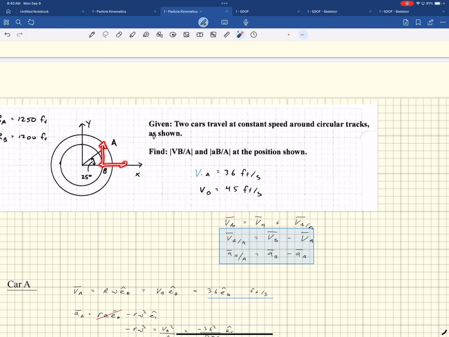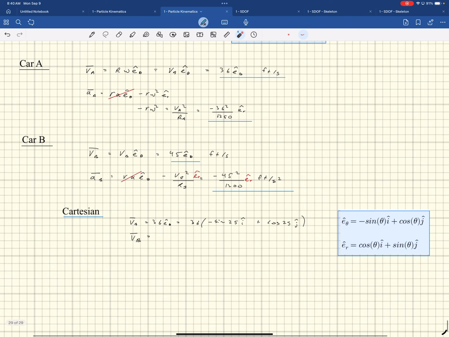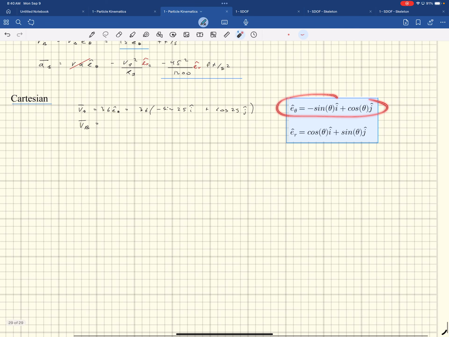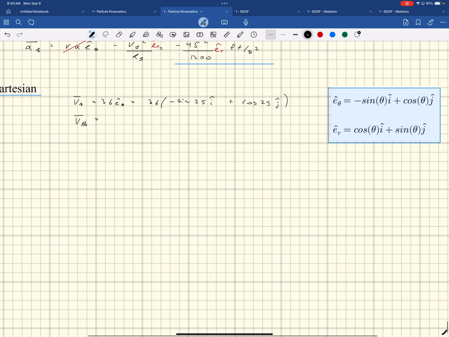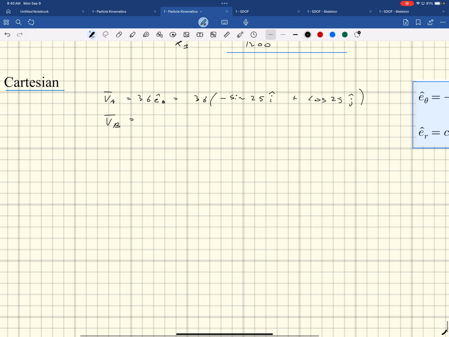It lines up in that direction. That being said, if you use that same substitution and put in your angle as 0, you get the same answer. Okay? It just lines up in the j. So this is going to be 45 in the j direction. This is what my velocity of A is in Cartesian coordinates. This is my velocity of B in Cartesian coordinates.